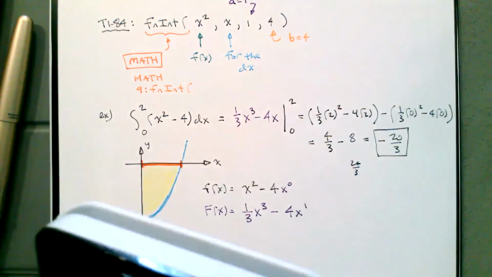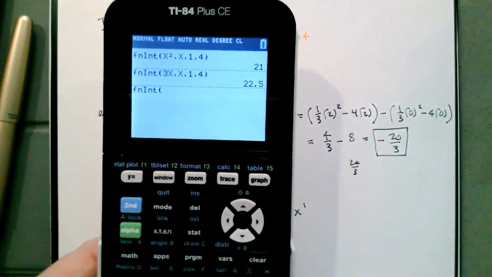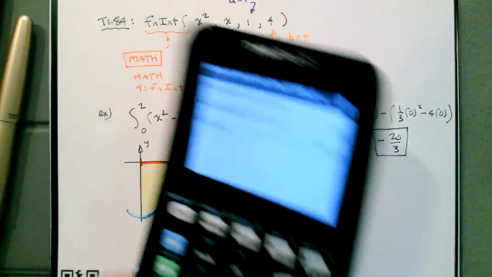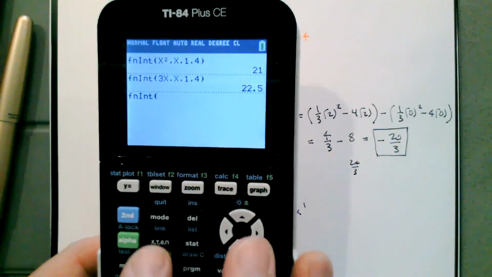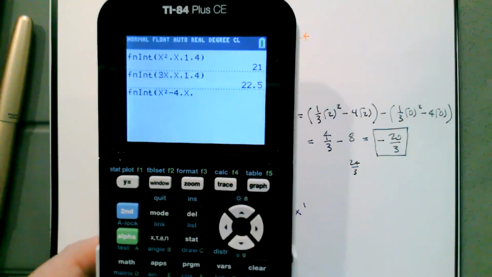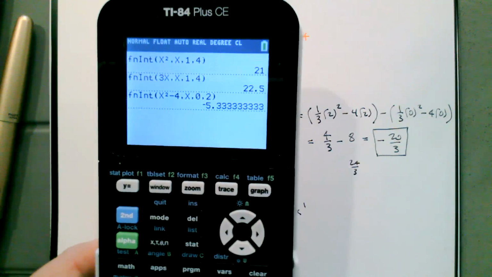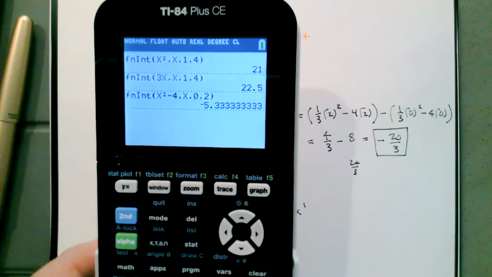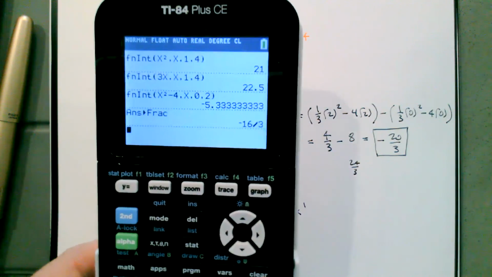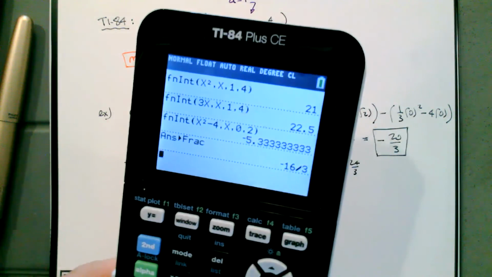If I grab our calculating machine and we integrate x squared minus 4 with respect to x from 0 to 2, close parentheses, and we get negative 20/3. Why didn't I get 20?